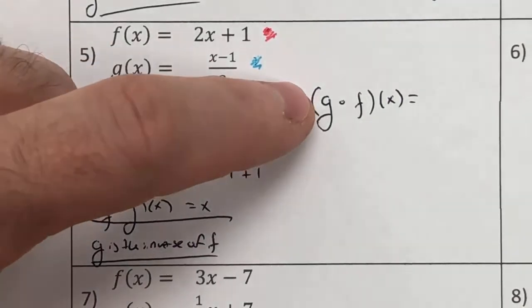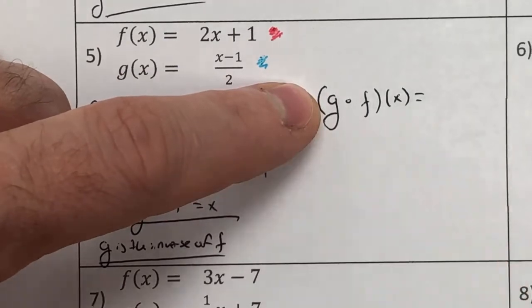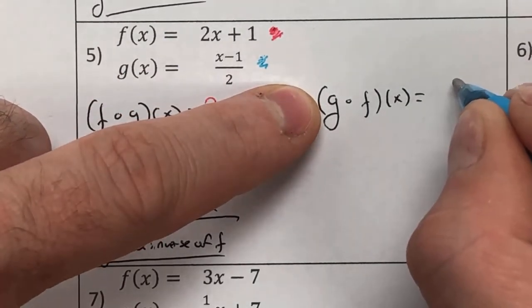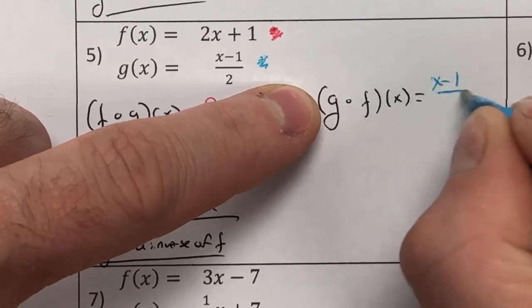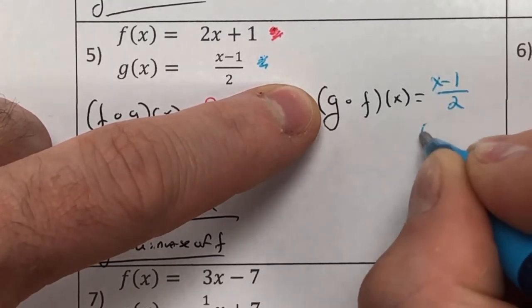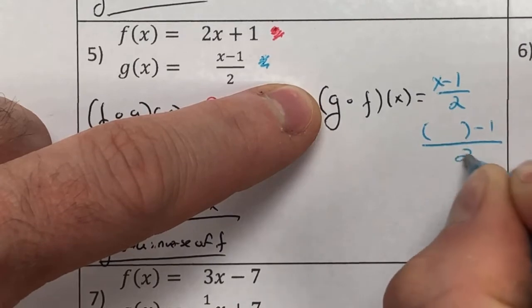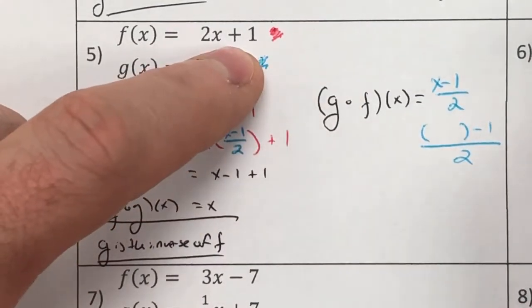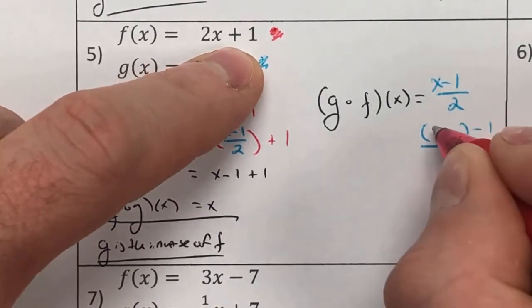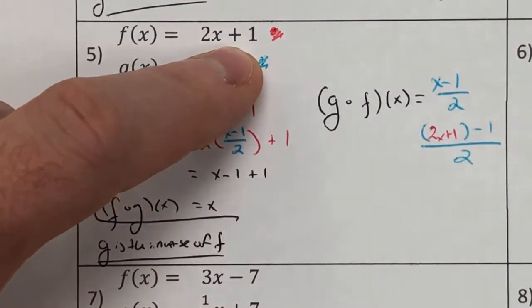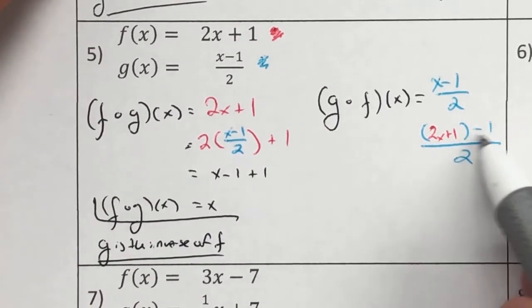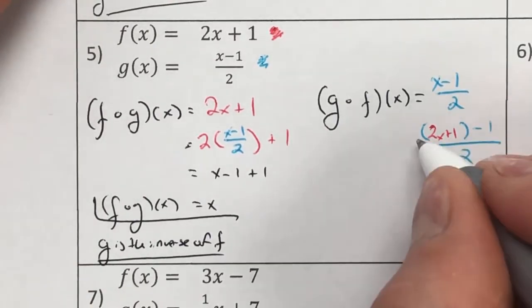Next, I'm going to take my g, and what am I going to compose it with? f. So let's start with g, which is going to be x minus 1 over 2. So let's leave a big old blank up here, minus 1 all over 2. What am I plugging into g? f. In this case, f is going to be 2x plus 1. So the first thing I notice is that my plus 1 minus 1 cancel out, if I'm following order of operations here.